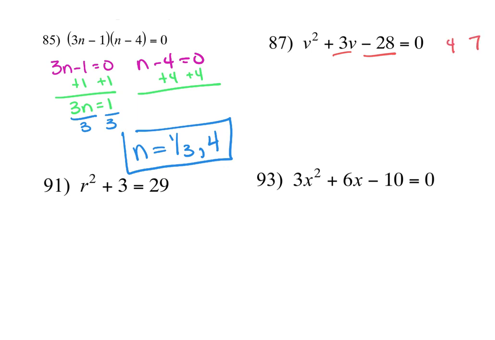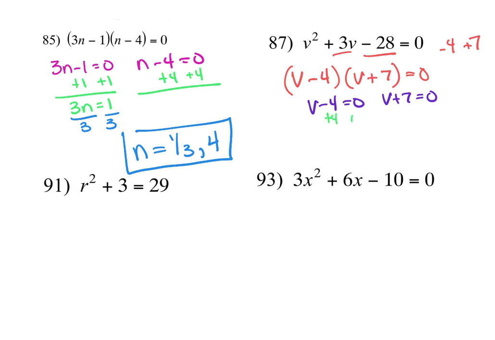Which one's positive? Which one's negative? You want a positive 3. There you go. So you're going to say v minus 4, v plus 7. And then you're going to set each one of those equal to 0. Add your 4, so v can equal positive 4. Subtract your 7, so v can equal negative 7.